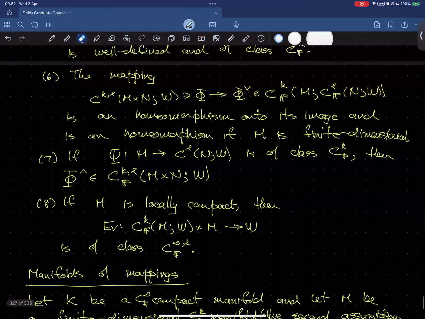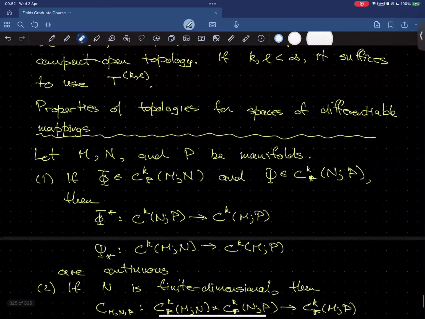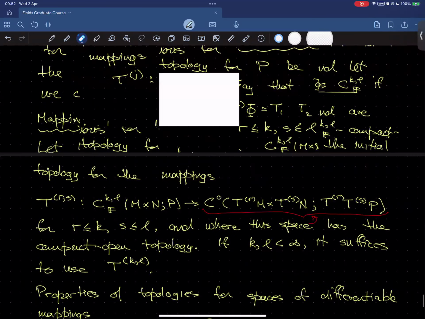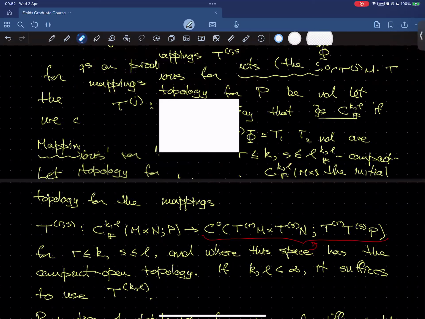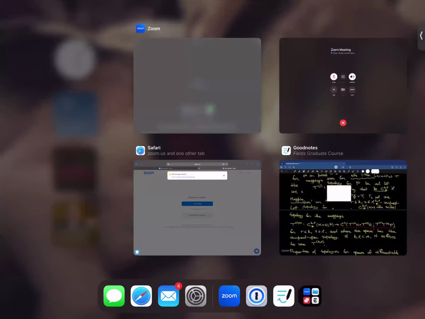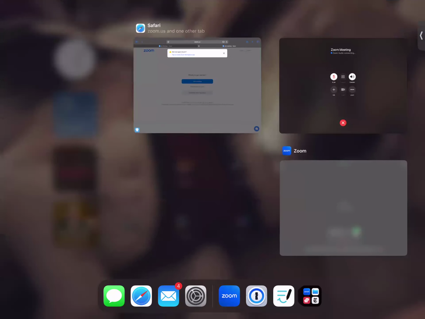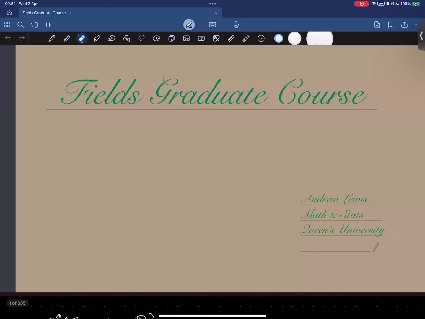Sorry. Oh, sorry. This little square thing here shows up. No idea why, but I can't make it go away. The only way to make it go away is to restart this program.